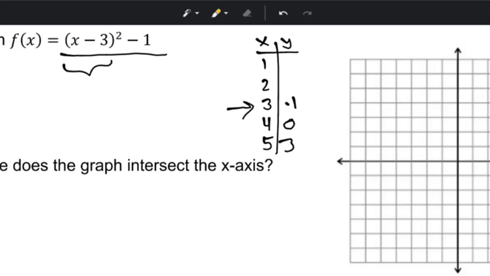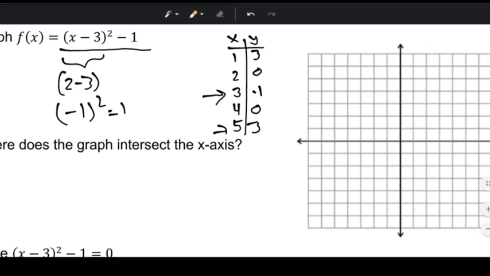Okay, and so now if I jump to the other side of the number that I put in the middle of my table, if I plug in 2, I'll just write it out over here. 2 minus 3 is negative 1. So then if I square that, I get 1, and then subtracting the 1 in the back, I'm back to 0 again. Notice the symmetry is happening along the xy table. And if you plug in 1, you're going to get 3 again, just like you did down here when we plugged in 5.